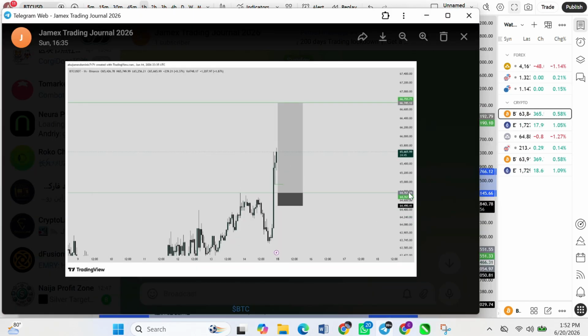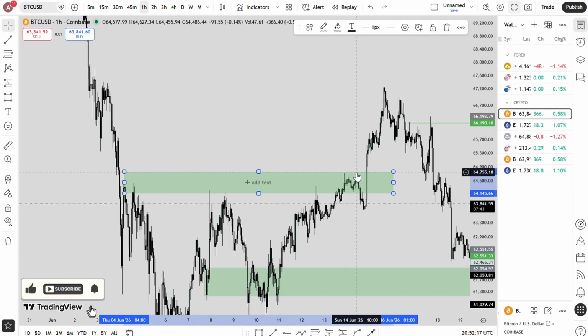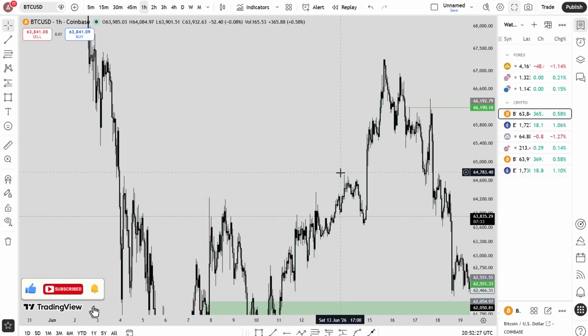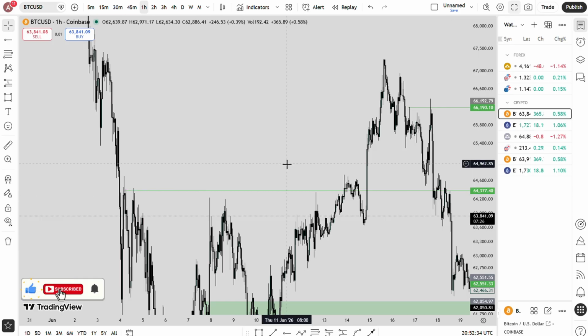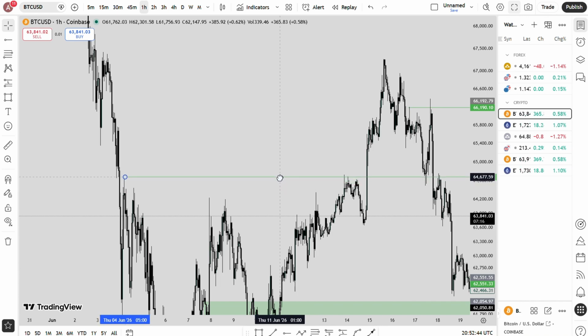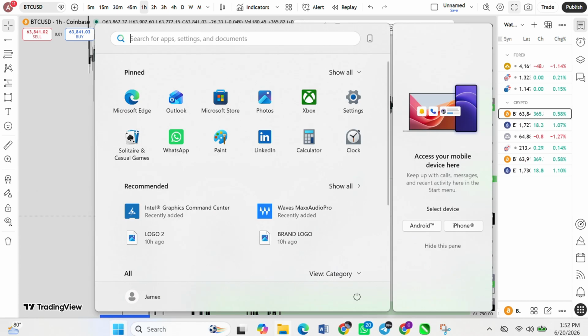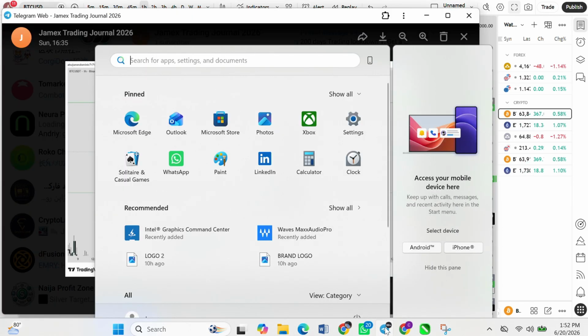Let me go down to see it here. This was 64767. I was using it around here. I think I didn't mark that, or maybe I was using the body of the candle. Let me say 646, I think I was starting. What happened? Let's check that again. Guys, remember the trade I took.